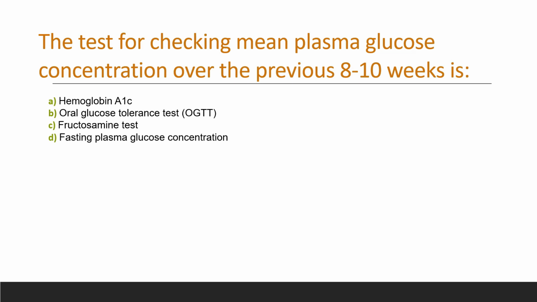It means that we have to calculate the mean value of the plasma glucose concentration for the last 8 to 10 weeks. Which test is recommended: hemoglobin A1C, the oral glucose tolerance test, the fructosamine test, or fasting plasma glucose concentration?